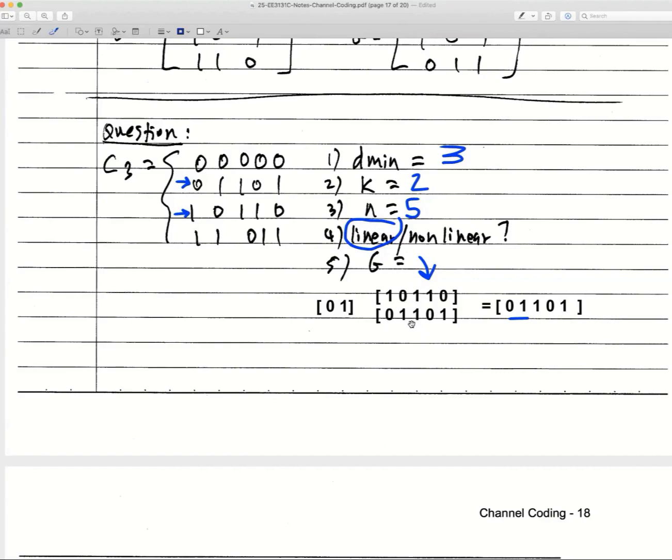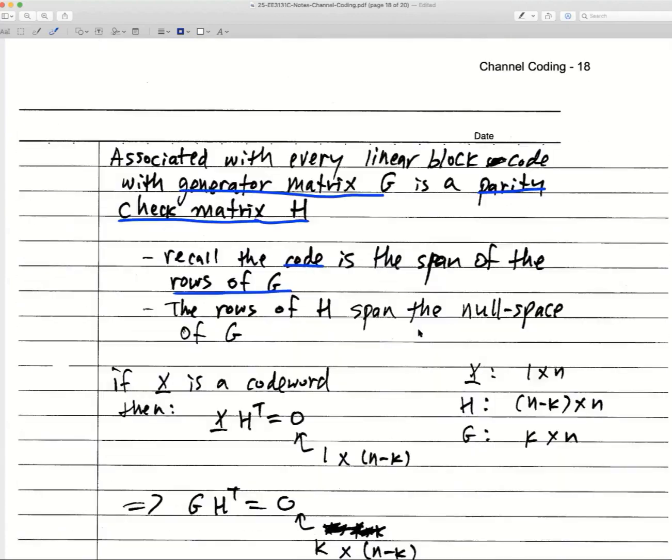So the code is nothing but all possible linear combinations of the rows of G. The span means all possible linear combinations.